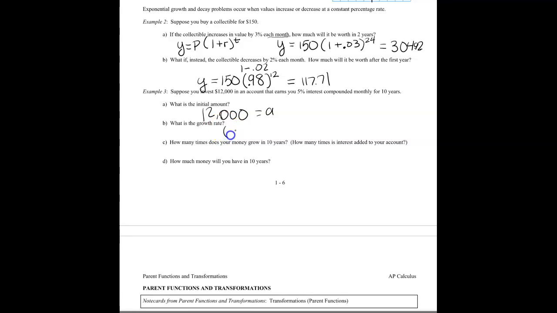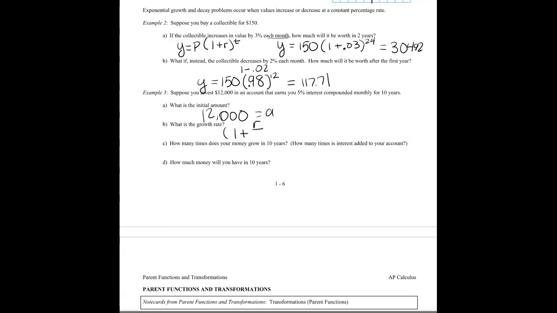That still looks like that 1 plus r, but this time my r is going to be divided by the number of months I have. So that's usually represented by n.